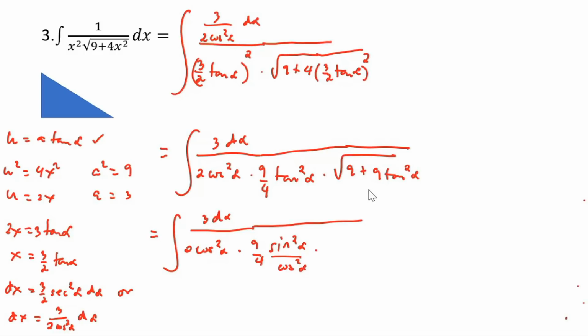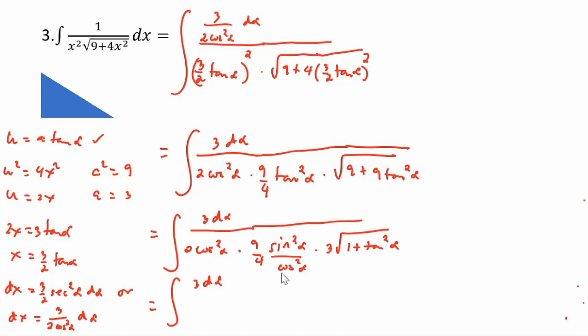So we have now the square root of 9 is 3. So we can write now as 3 times the square root of 1 plus tangent squared alpha. And then by simplifying further, I can write now 3 d alpha.